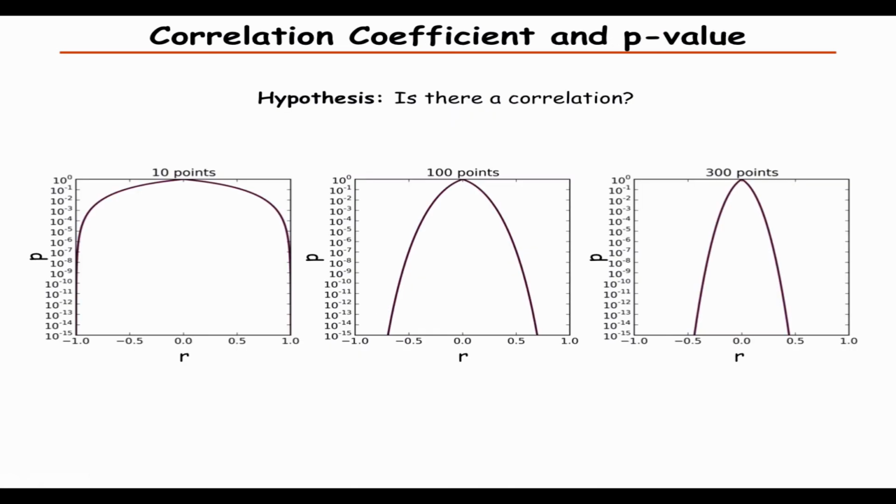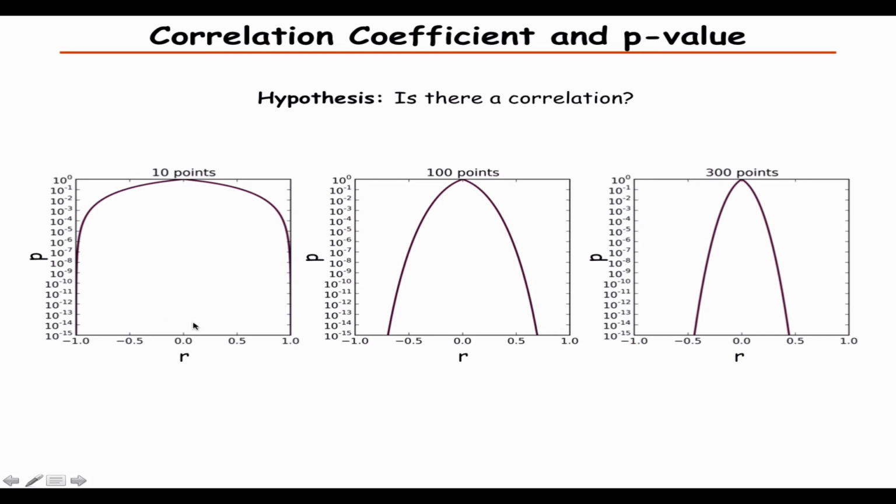Then when we do a correlation, of course, one thing that we want to ask is: is there really a correlation, or is this just random? So we can do a hypothesis test, and there's a very well-defined relationship between the correlation coefficient and the p-value, but it depends on how many points we have.